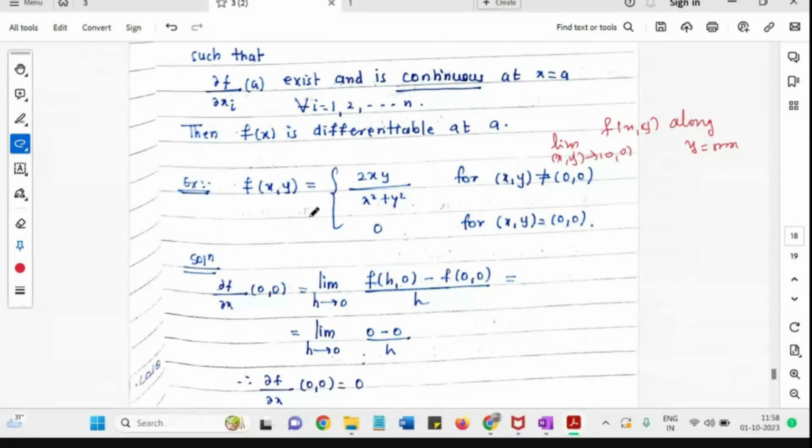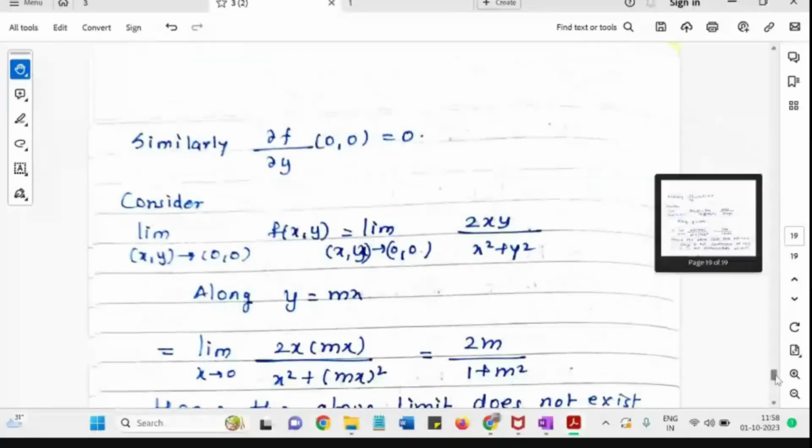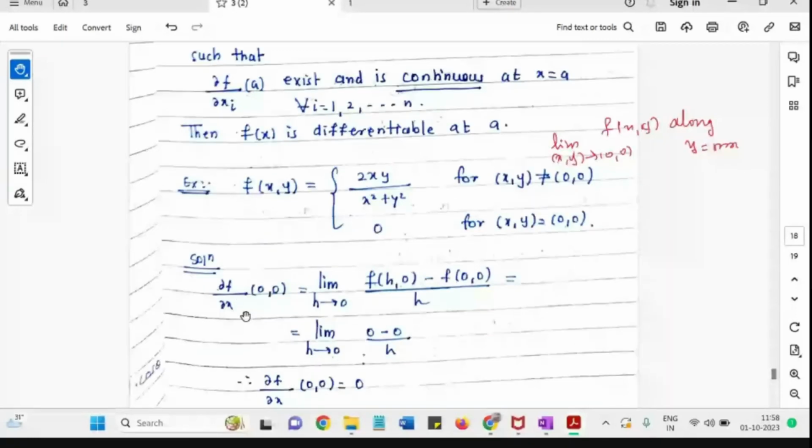Okay, first let us confirm whether the partial derivative exists at (0, 0). So here I have dou f by dou x at (0, 0).